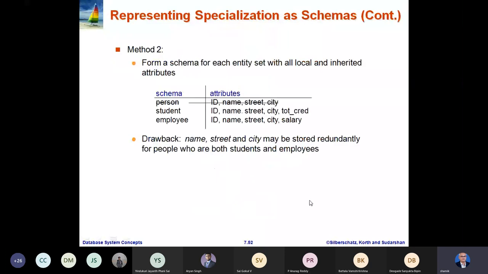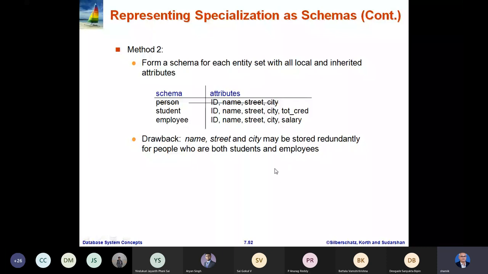Now, is there any other disadvantage of this design, other than these drawbacks?